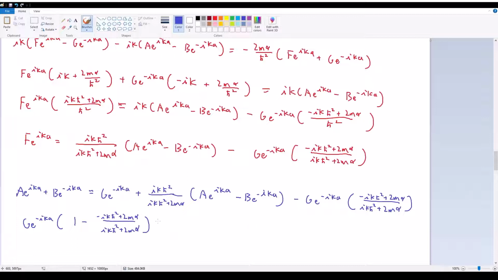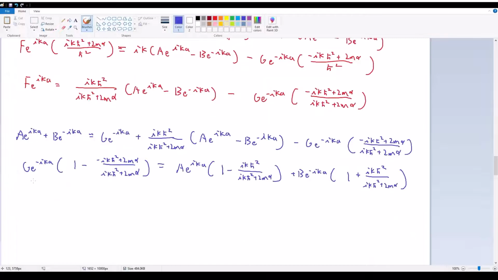And then this is going to equal a e to the ika using distributive property, 1 minus ik h bar squared over ik h bar squared plus 2m alpha, and then plus b e to the negative ika. This time it's going to be 1, let's see, the other one was minus, this one is going to be plus ik h bar squared over ik h bar squared plus 2m alpha.